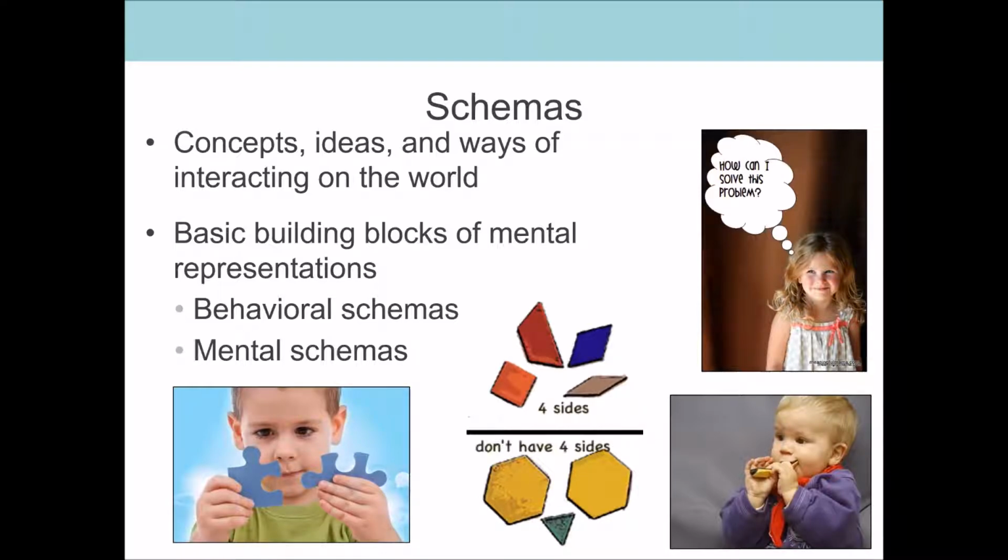Now, the very first concepts that infants develop are behavioral schemes. So infants first have reflexes where they don't think about something, their body just automatically reacts to a stimulus. We talked about that in a previous chapter. So for example, if you put a nipple in a baby's mouth, they will automatically start to suck on it.